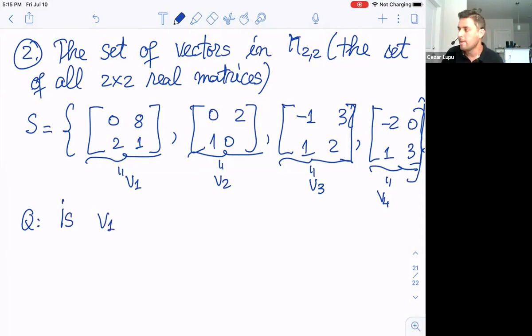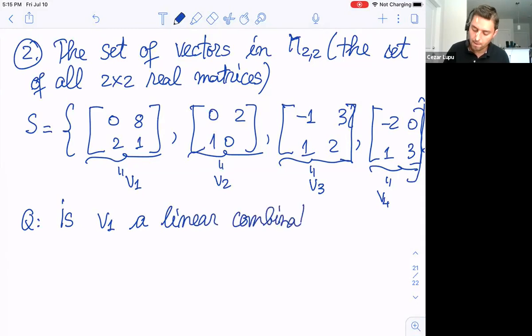Is V1 a linear combination of the vectors V2, V3, and V4?